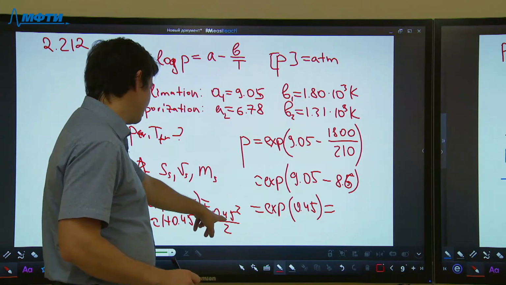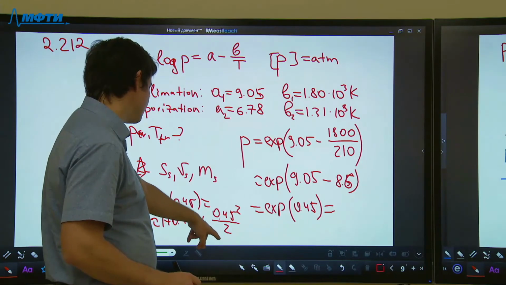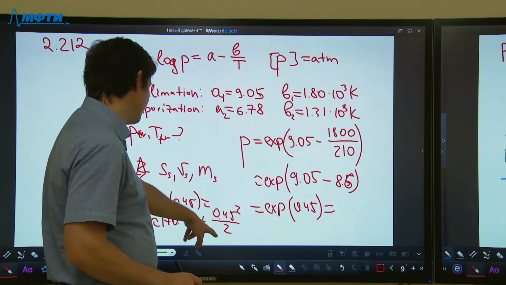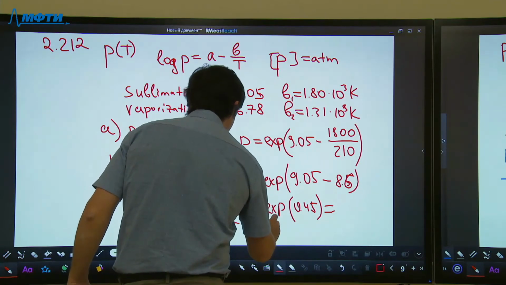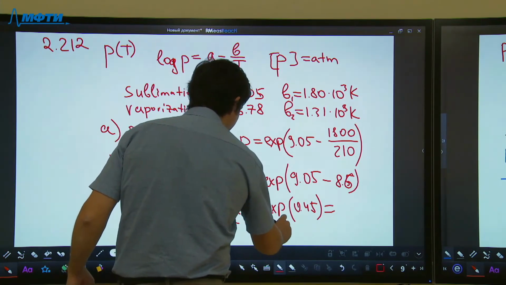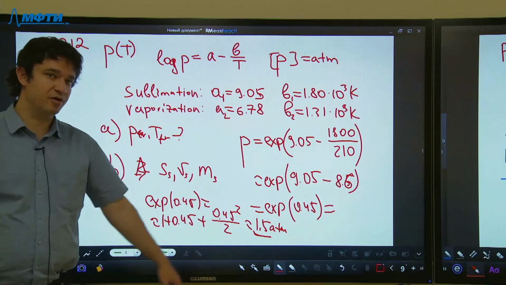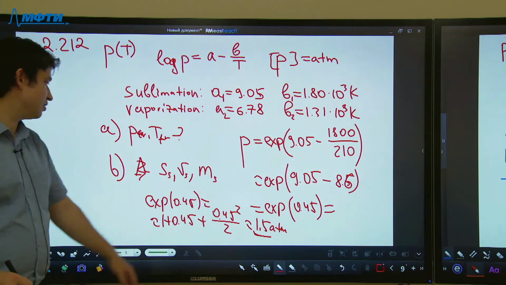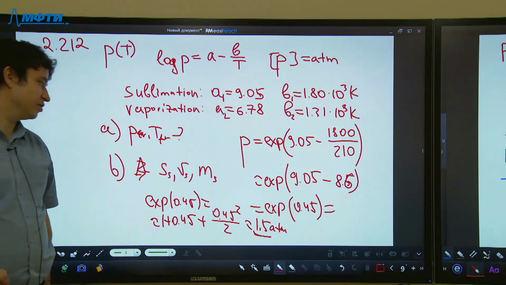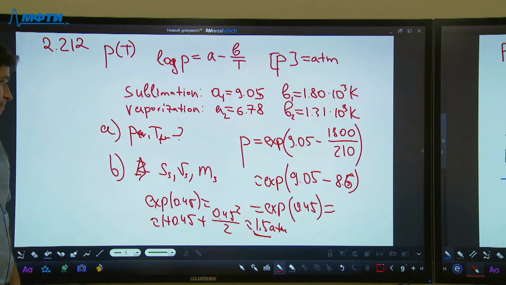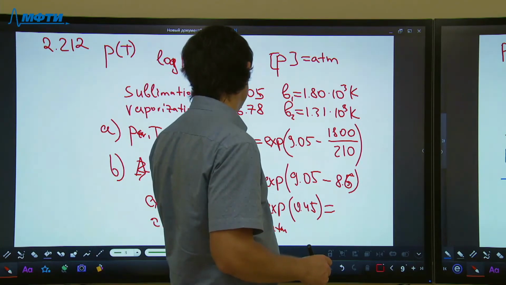If I square this, that would give me approximately 1 over 4, so this would give me approximately 1 over 8. So I would say that this is approximately 1.5 atmospheres. I'm probably terribly wrong here, but somewhere around there. So this is the pressure at the triple point, somewhere around 1.5 atmospheres.